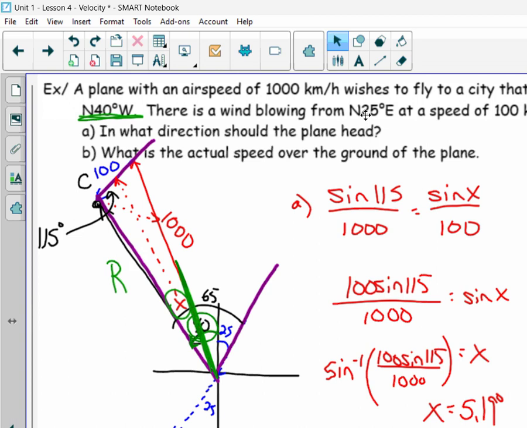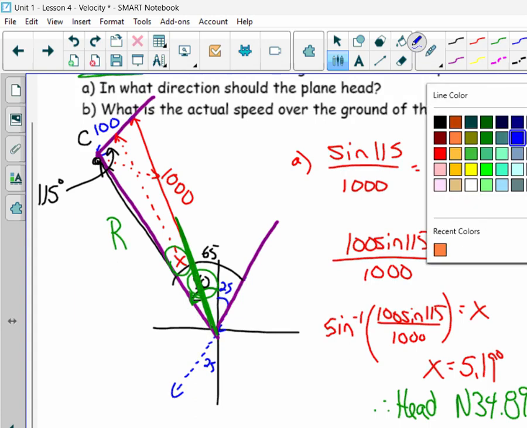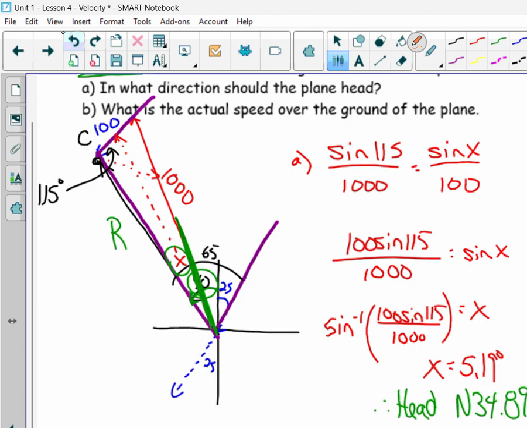Part B, what is the actual speed over the ground of the plane? What that's asking for is the resultant. We can figure that out because we have things across from each other. We still have the orange across from the 1,000.